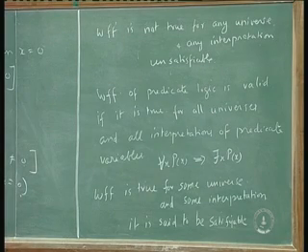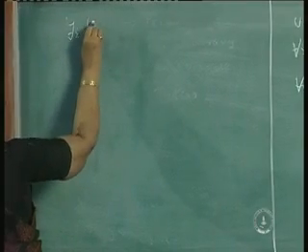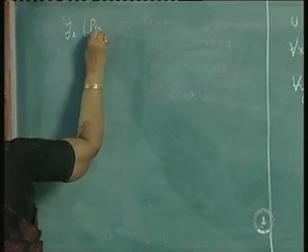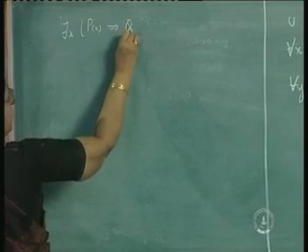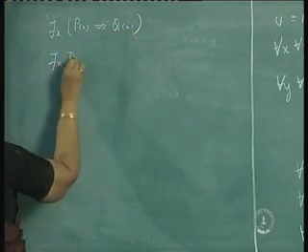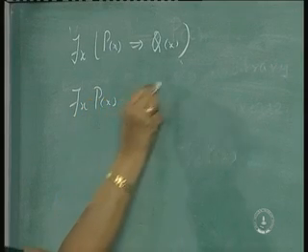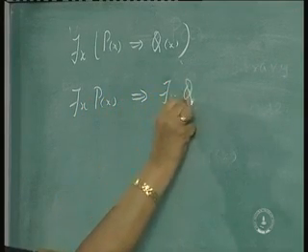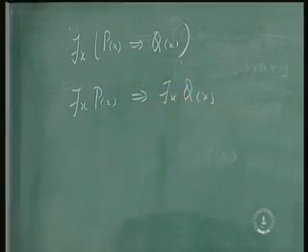Now again, coming to the use of this, again the scope is very, very important. There exists x, P of x implies Q of x, and there exists x P of x implies there exists x Q of x. Are these equivalent or not?